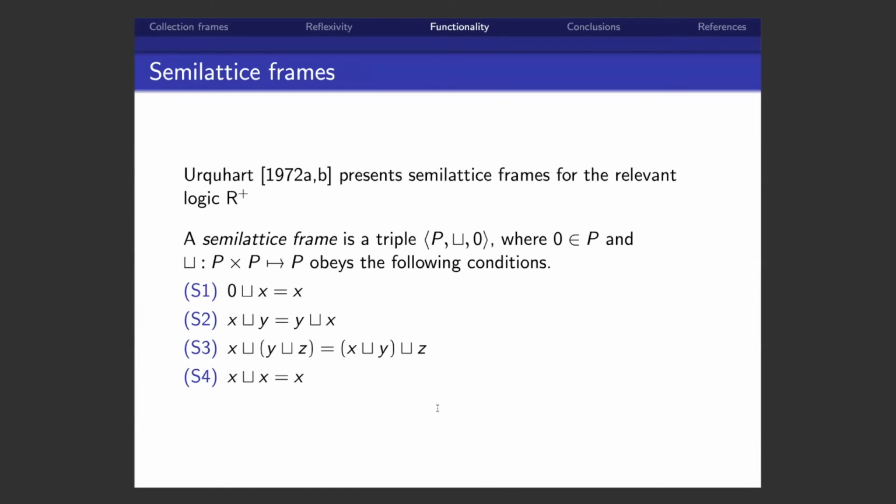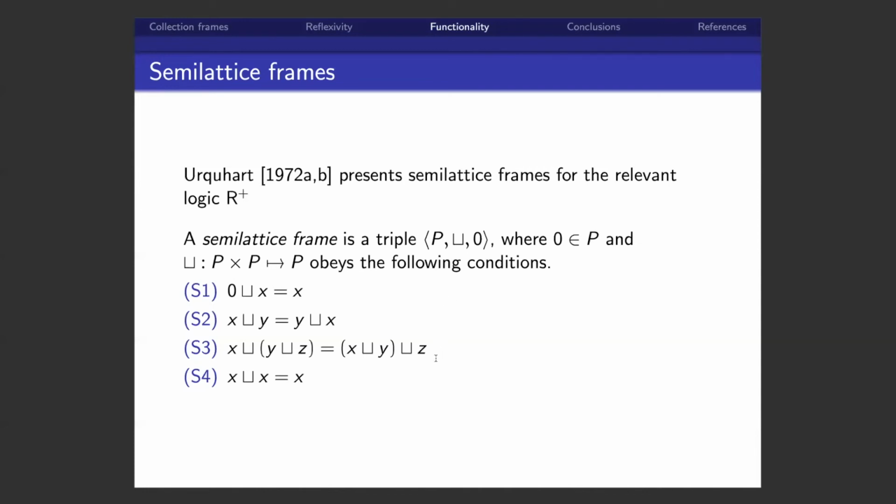Okay, so Alasdair Urquhart, in his dissertation and some subsequent publications, presents semilattice frames and models for the relevant logic R, as well as many other relevant logics. And he presents semilattice frames and more general operational frames. So a semilattice frame is a triple P, join, 0. 0 is a distinguished element of P, and join here is a binary operation on P that obeys some conditions.